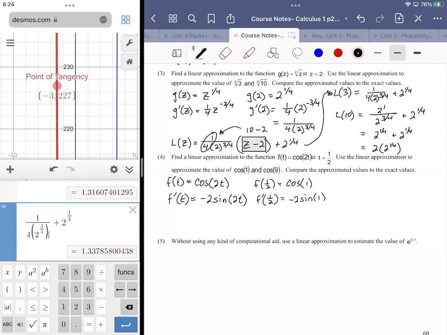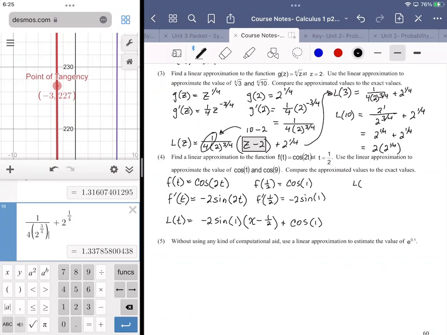All right, not pretty, but it'll do the job. So L of t is -2 sine of 1 times x minus 1/2, plus cosine of 1. Now I just have to evaluate my linear approximation model.